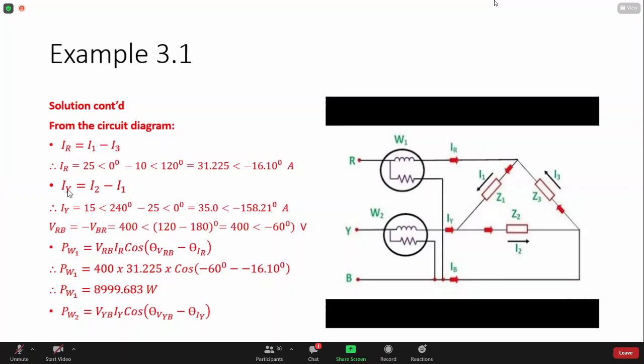Then we need also to find IY, which is flowing through wattmeter 2. So IY is equal to I2 minus I1, and that works out to be 35 at angle minus 158.21 degrees.